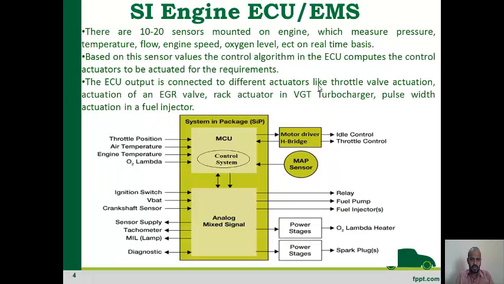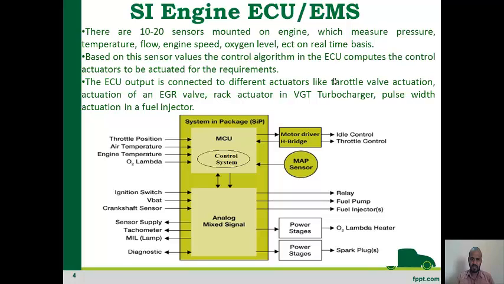These are all the input components, the SI engine ECU input components, starting from here: throttle position sensor, air temperature, engine temperature, O2 sensor, ignition switch, battery. So these are all the set of inputs. There are typically 10 to 20 sensors mounted on the engine, which measure pressure, temperature, engine speed, oxygen level, etc. on a real-time basis.